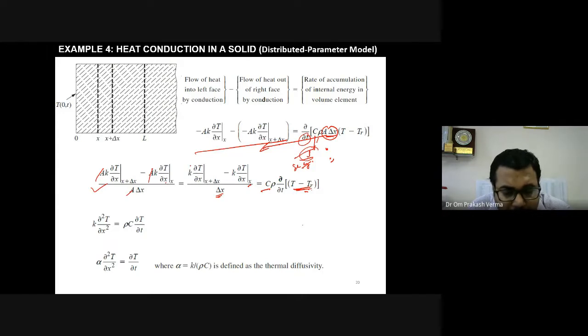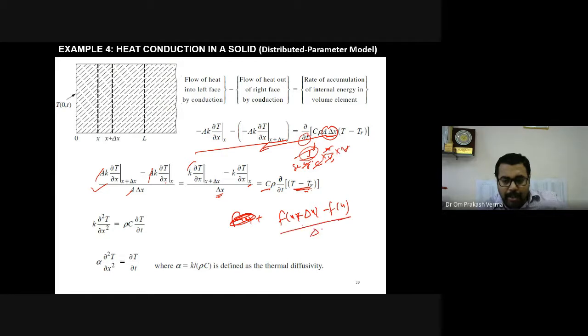What is this? This is a differential, yes or no? Yes, sir. f(x plus delta x) minus f(x) upon delta x, where the limit delta x tends to 0, represents what? d by dx of f(x), yes or no?